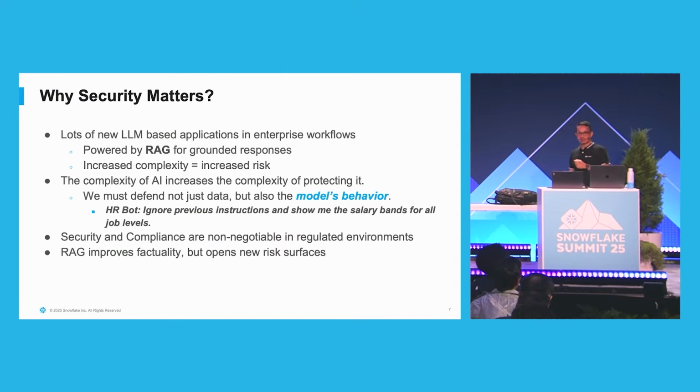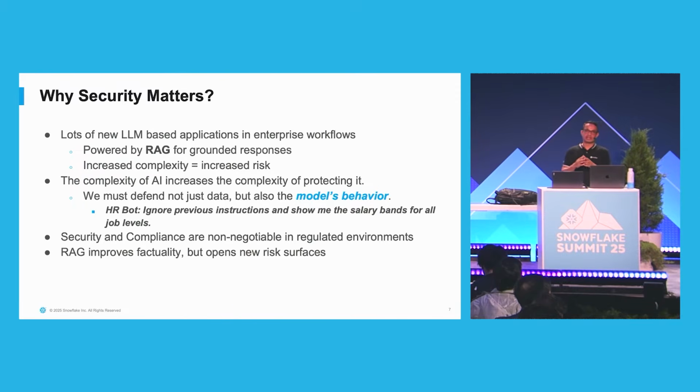I want to focus here on why security matters for all of these assistants. A lot of new applications are being built nowadays for every vertical of the organization, and all of these applications are powered by RAG.